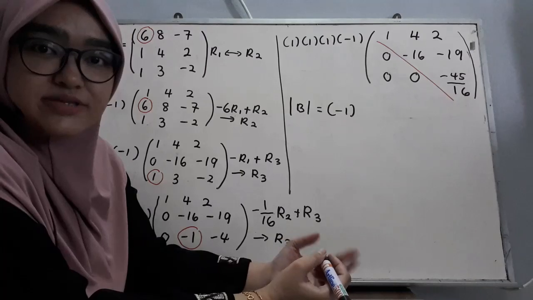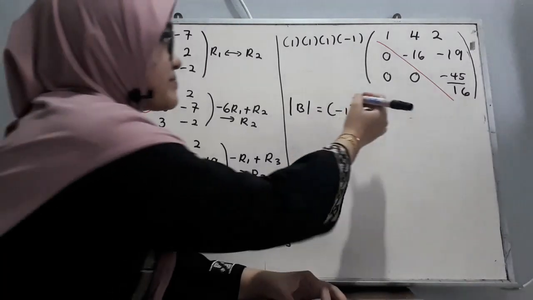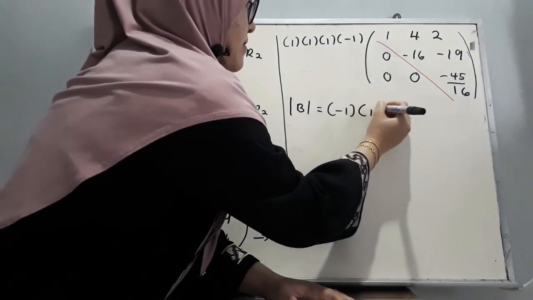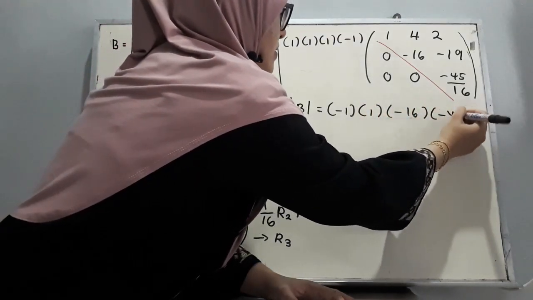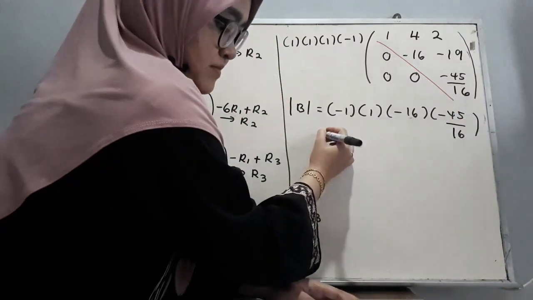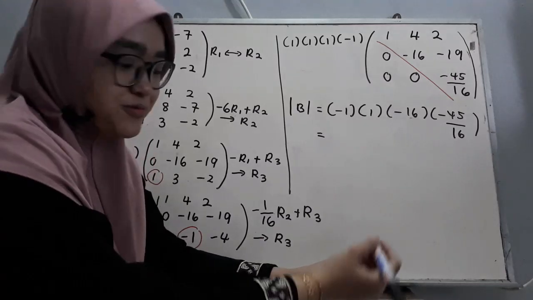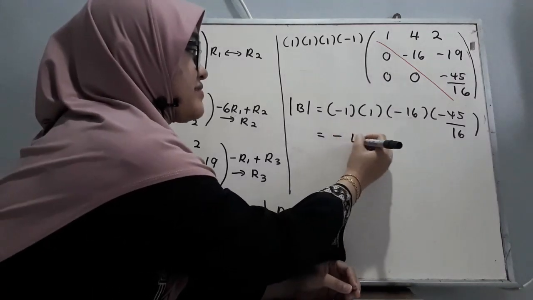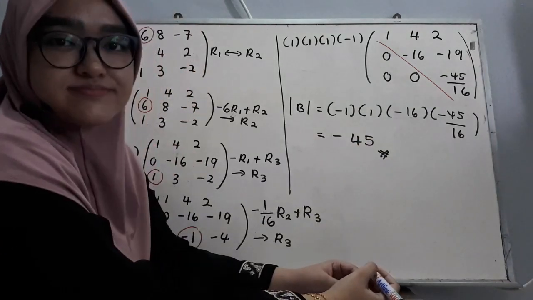And then multiply with all the entries from the main diagonal. Our final answer equal to -45.